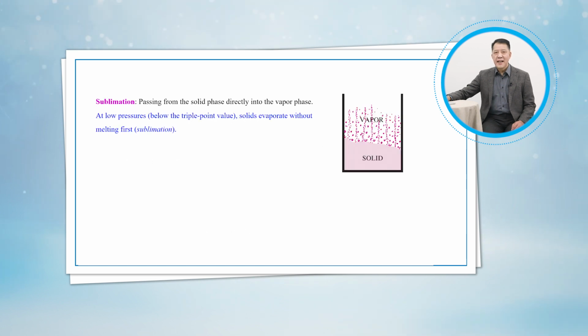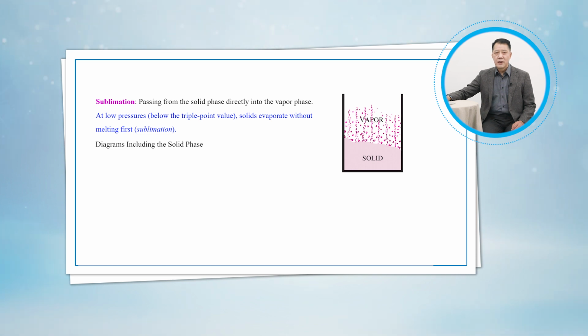Passing from the solid phase directly into the vapor phase is called sublimation for substances that have a triple point pressure above the atmospheric pressure, such as solid carbon dioxide. Sublimation is the only way to change from the solid to the vapor phase at atmospheric conditions.